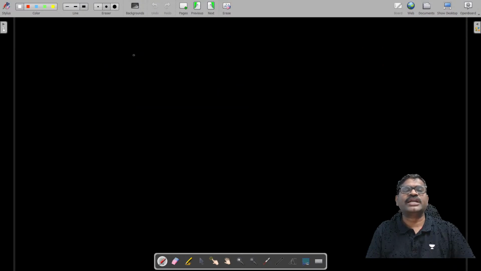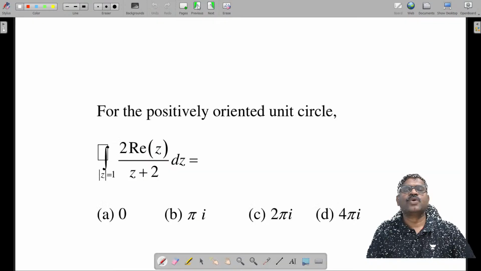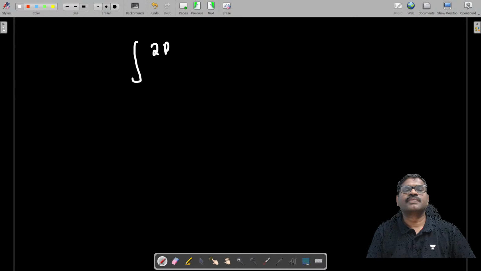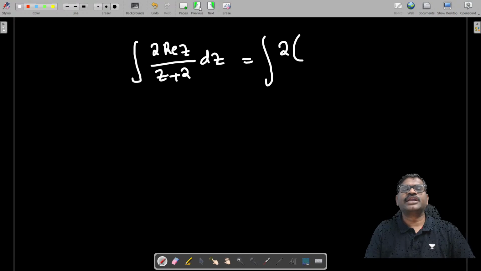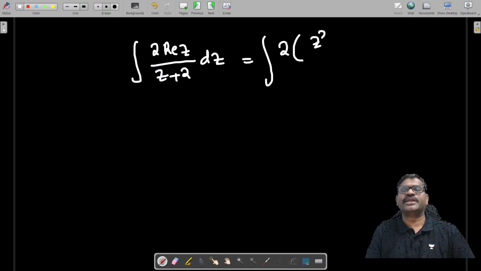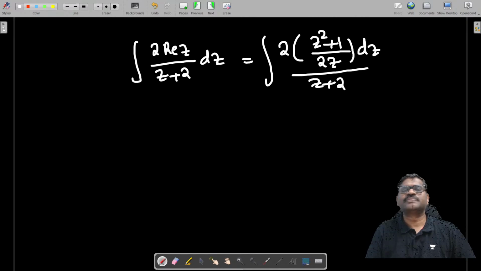Now the integral of 2 into real z by z plus 2 dz, with real z equal to z square plus 1 by 2z, by z plus 2.